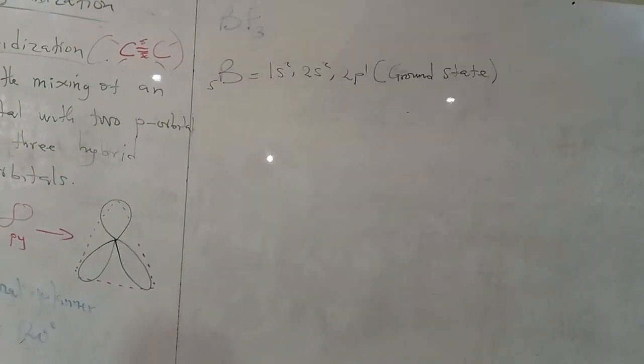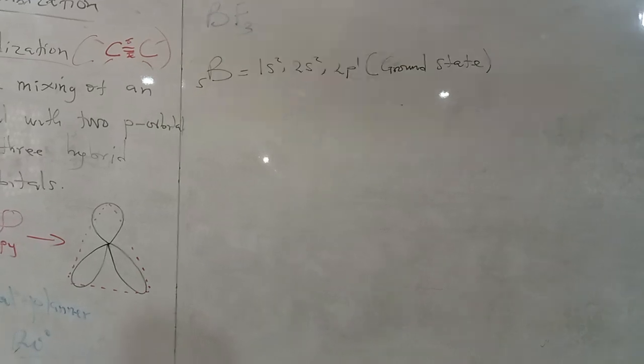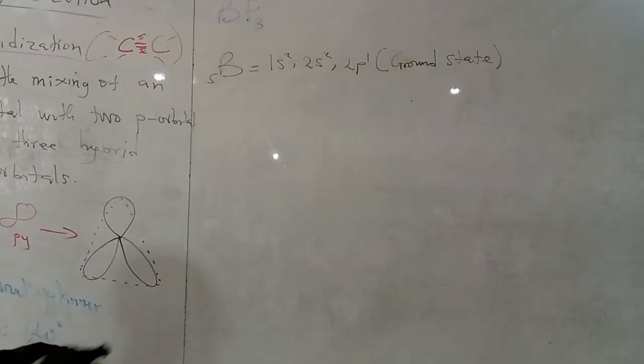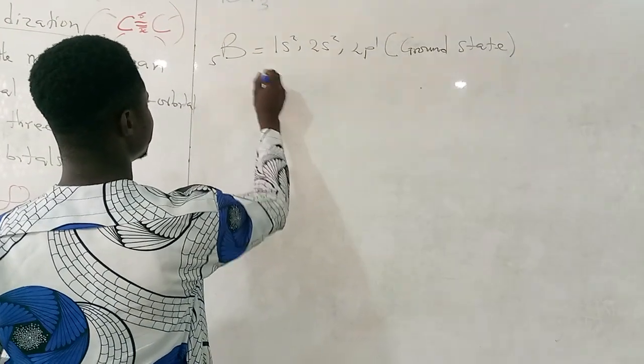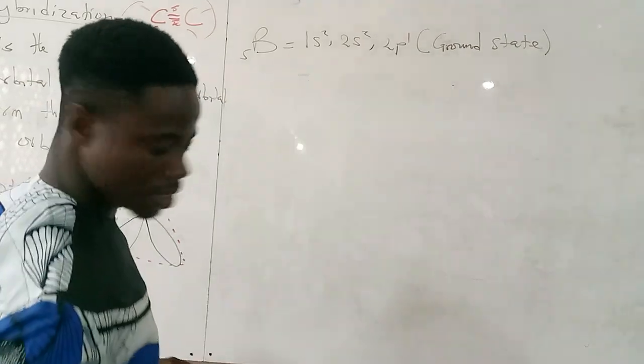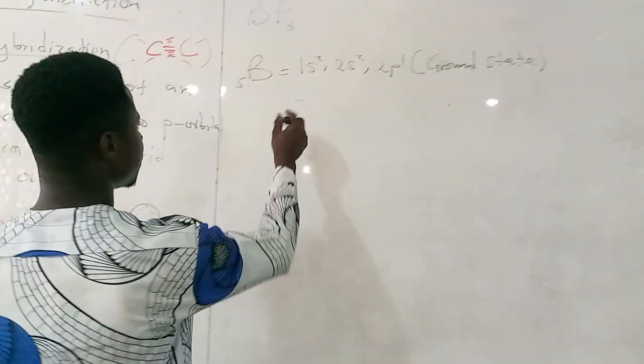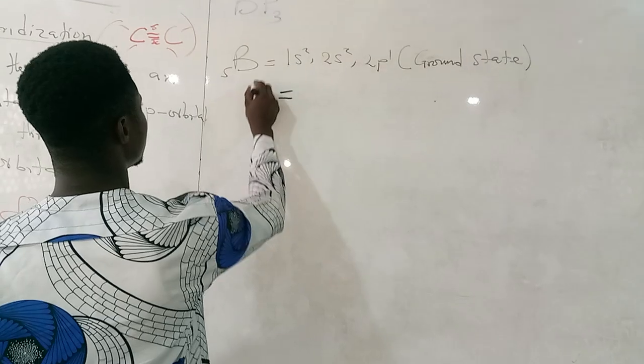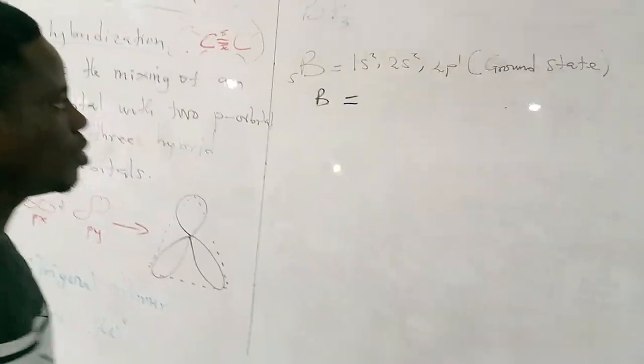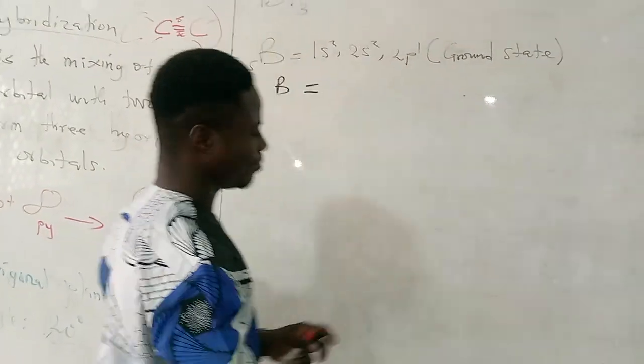Now let's excite the electrons. We have said that in chemical bonding, we don't use the outermost electron, we use only the valence electrons. So what is the valence electron here?